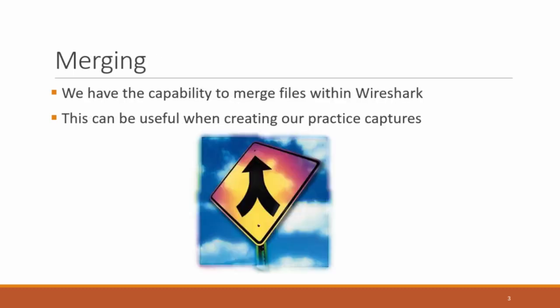First, we want to look at merging. We have a powerful feature in Wireshark where we can merge packet captures. This allows us to create detailed and excellent captures to use for our training and our practice. An example of this is, I can capture traffic for a number of hours, then when I analyze it, take the components that contain the important information that I want, and then I can merge these into one complete training capture.